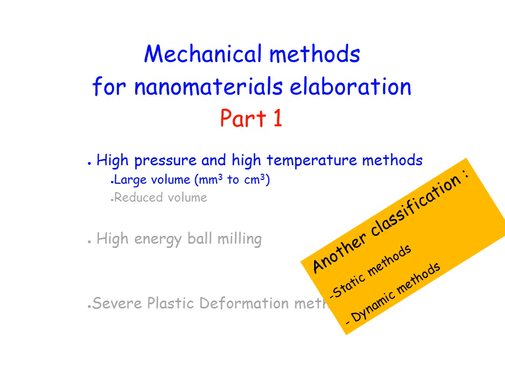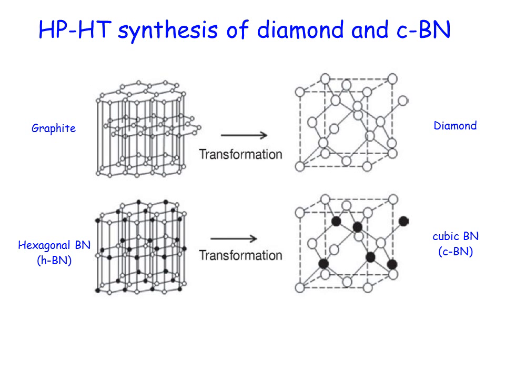So in this first part we are going to concentrate on large volume methods for high pressure and high temperature generation. High pressure and high temperature has been used for many years for the transformation of materials. Graphite transforms into diamond, and this first order phase transformation is one of the most used commercially.